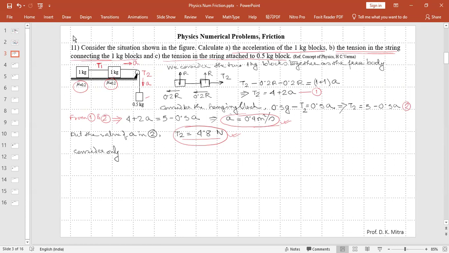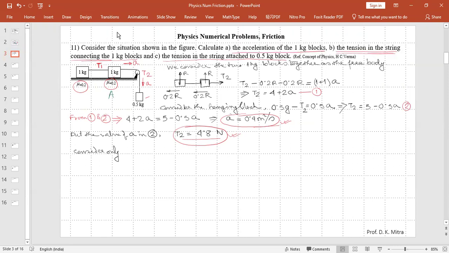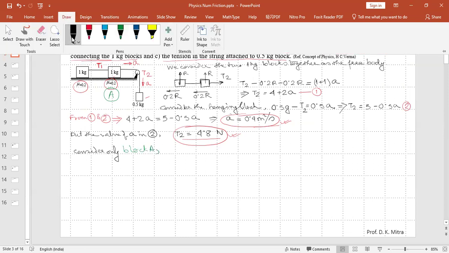Let us give it a name. Let's say this block is A. Let's consider only block A.